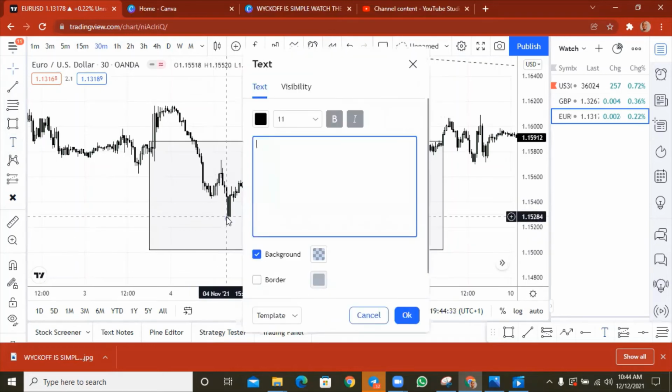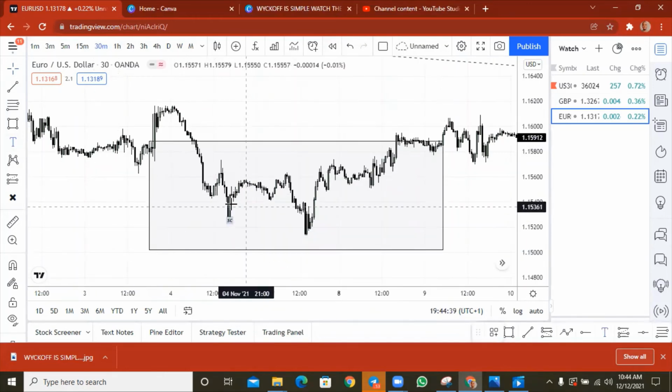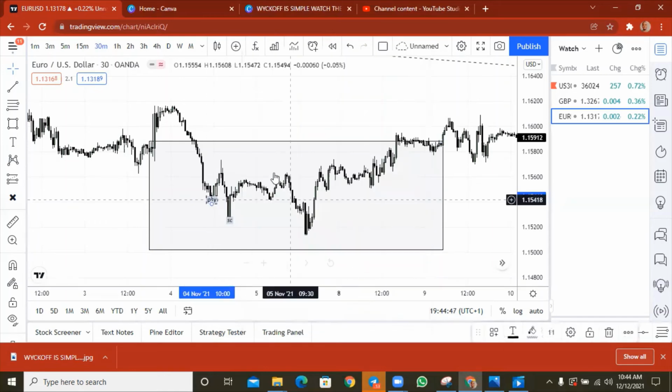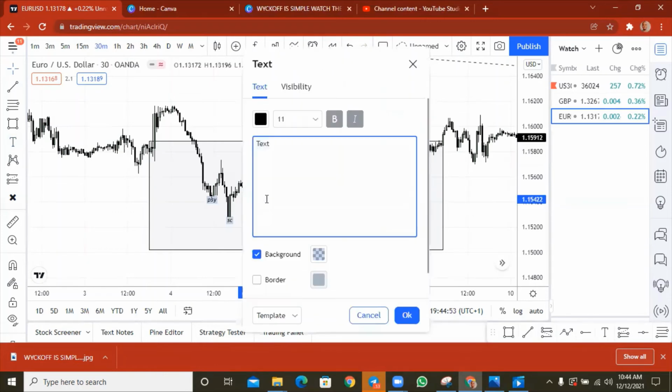We have here the selling climax, the deepest point sold into, and then we have here the supply line. Then this side I think is the secondary test. I will go for a secondary test.